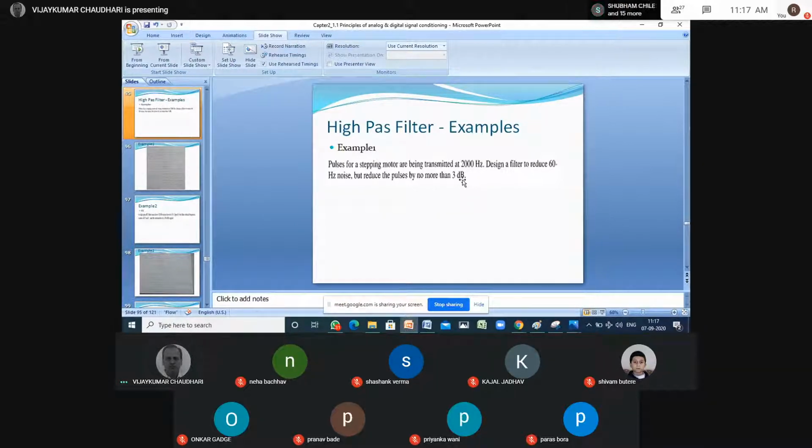Okay, 3 dB corresponds to 0.7. V out upon V in is equal to 0.707. Right? So the frequency corresponding to this is the cutoff frequency.